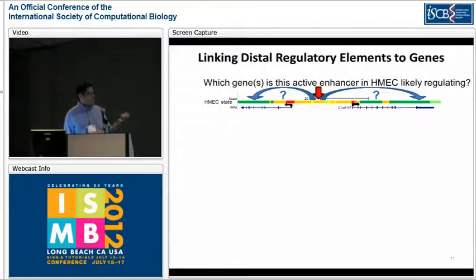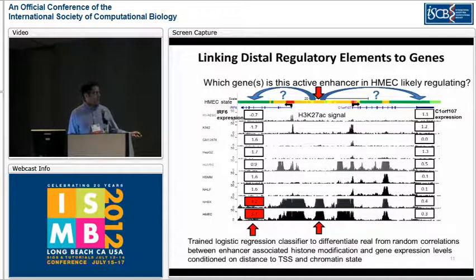Another question that comes out of this data is we can make these calls about enhancers at specific locations, but then a natural question is what is its target gene? With one cell type, you don't have any additional information just from the chromatin data of which gene it might be more likely regulating. But once you correlate the chromatin data with gene expression data, you can start having additional statistical evidence.